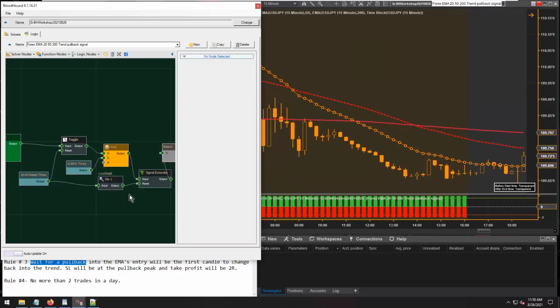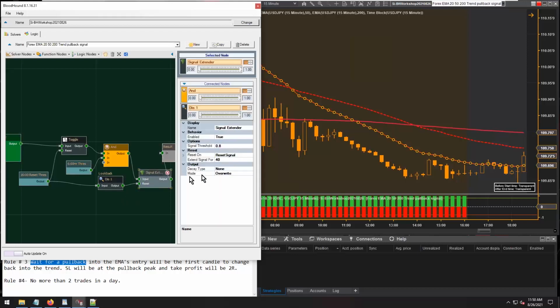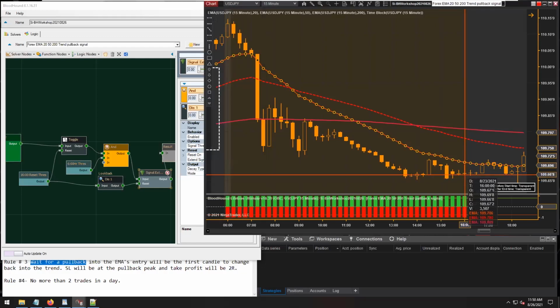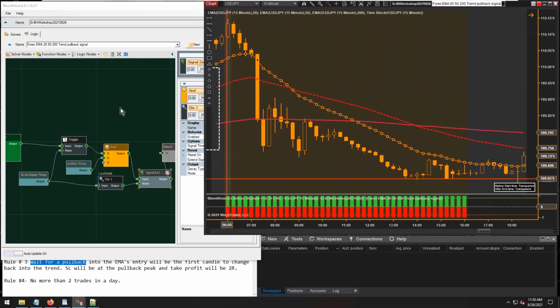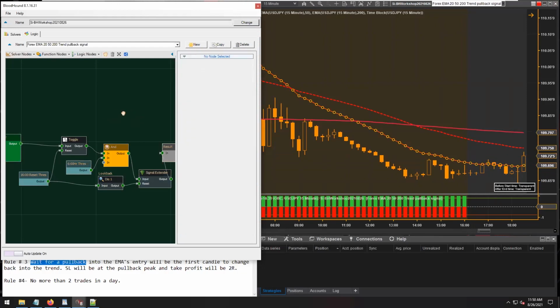There we go. And so now our signal extender is extended all the way out to this last bar here, to this 1545 to 1600 bar right here. There we go. All right.